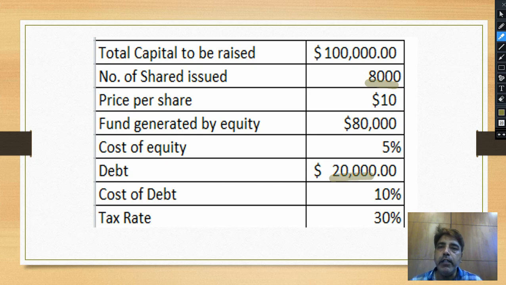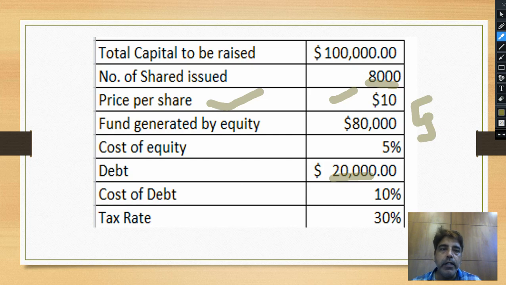Here I have shown the price per share. The face value is 10 rupees. So the fund generated by equity will be 80,000. I have mentioned here 80,000. And the cost of equity, for example, let's consider 5%.